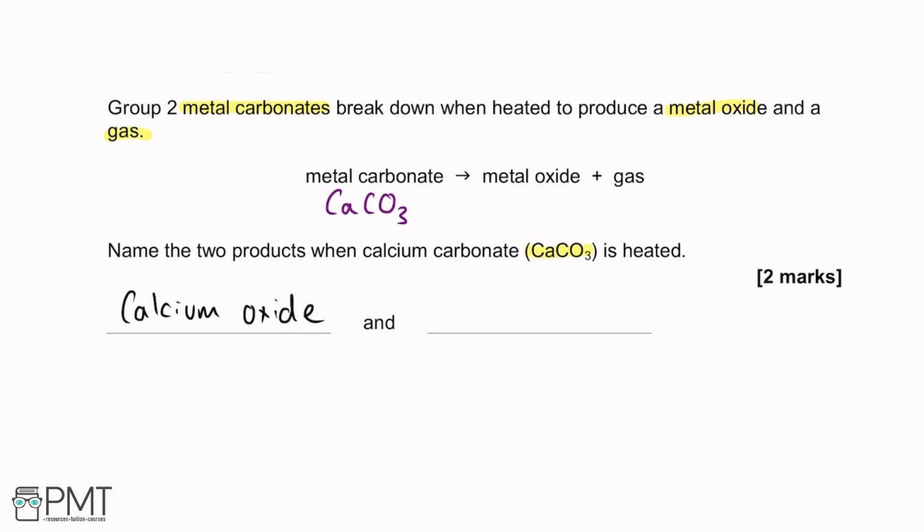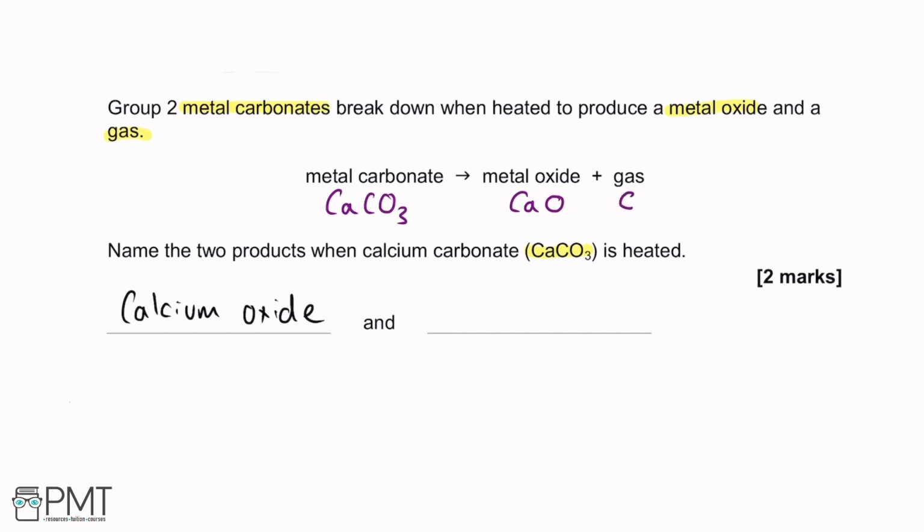And then to figure out what the gas is going to be, let's think about which atoms we have not used up. So if I was to tell you that calcium oxide has the formula CaO, we could think, okay, we've used up this calcium, we've used up 1 oxygen, so essentially, what atoms have we got left?